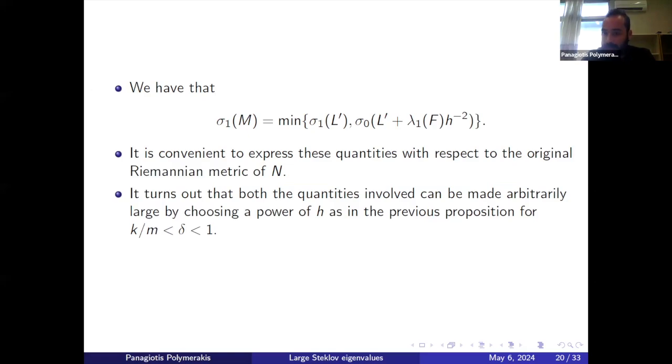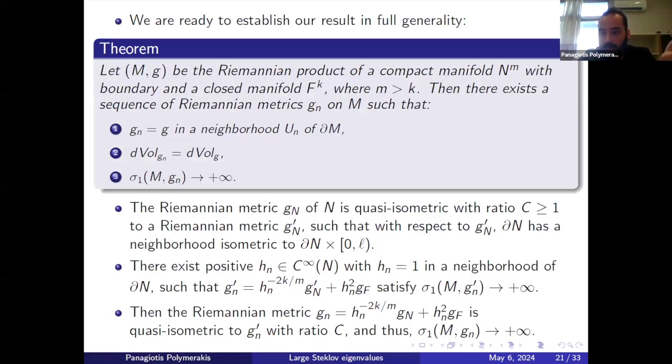That's where that assumption comes in our proof. Okay, so very roughly speaking, this is the main idea on how to establish our main result under the additional assumption that the boundary of the base manifold has a cylindrical neighborhood.